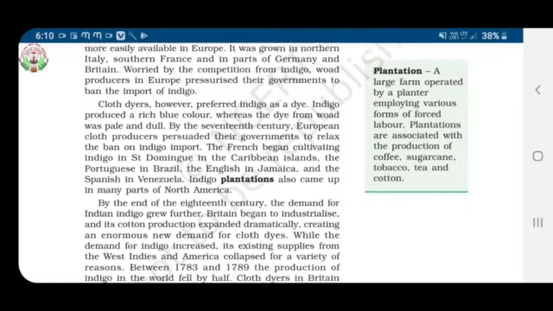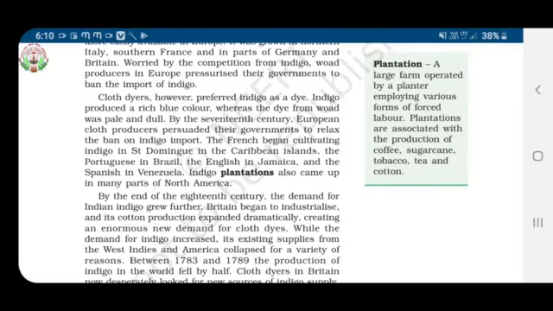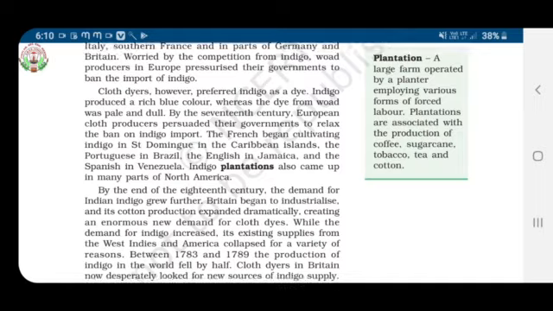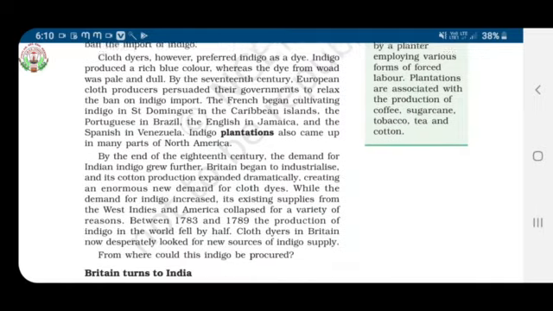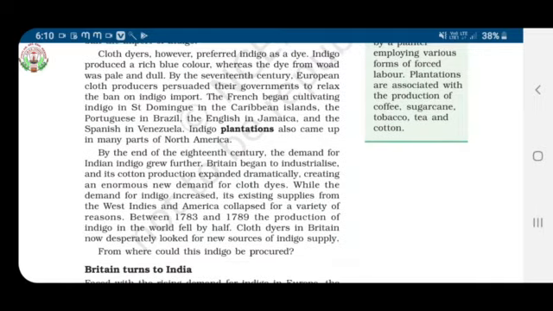Worried by the competition from indigo, woad producers in Europe pressurized their governments to ban the import of indigo. Cloth dyers, however, preferred indigo as a dye. Indigo produced a rich blue color, but the dye from woad was pale and dull.